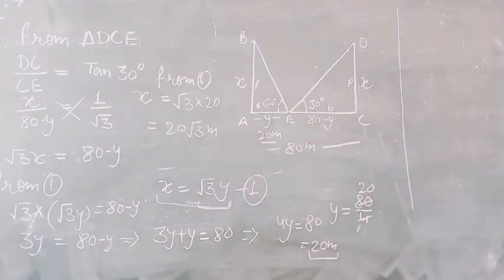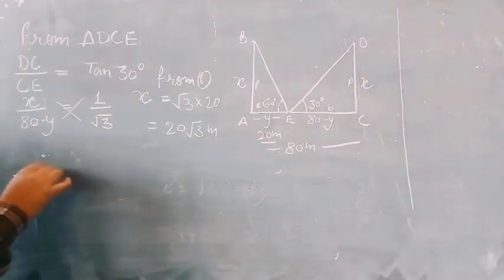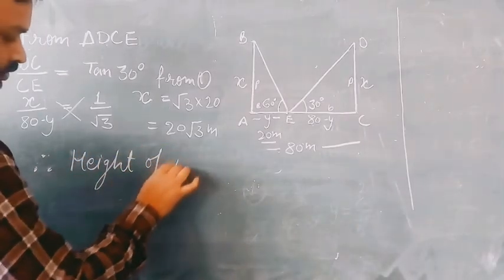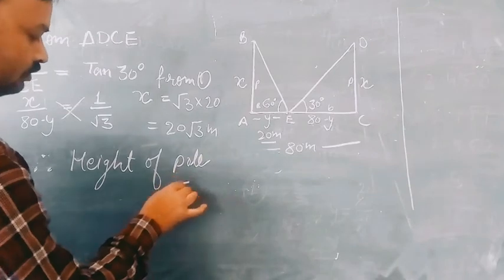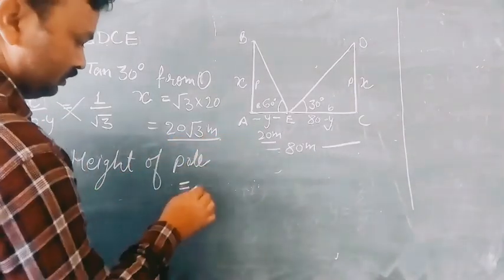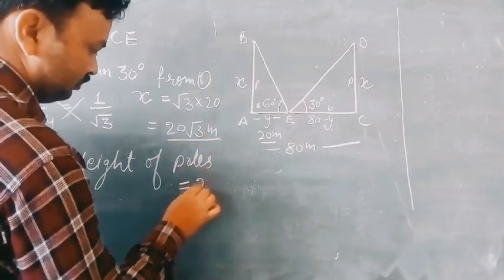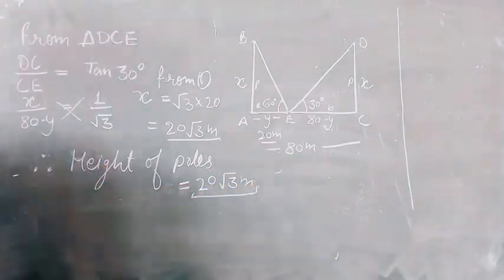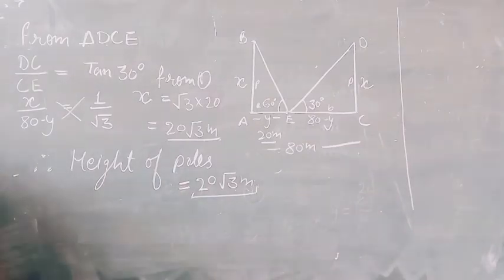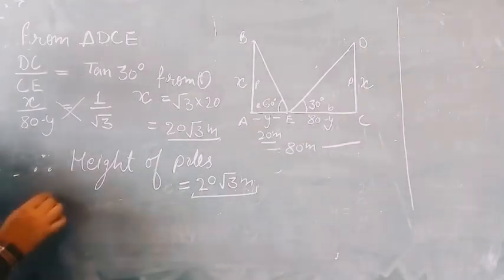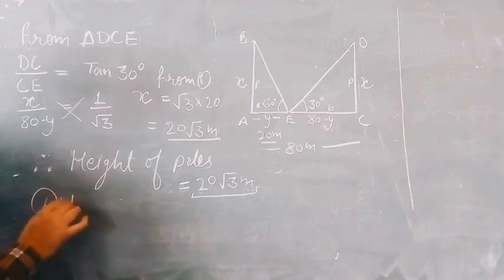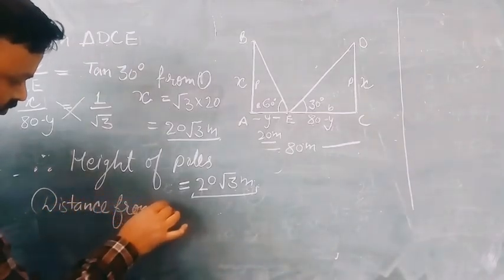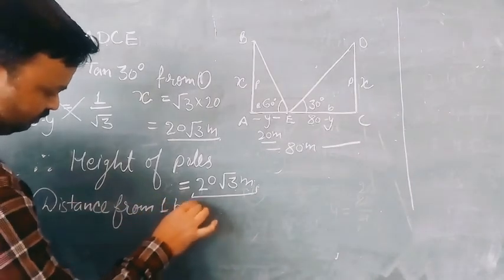In the end we can write, height of poles will be equal to 20 square root 3 meters. And distance of point E from one pole will be 20 meters.